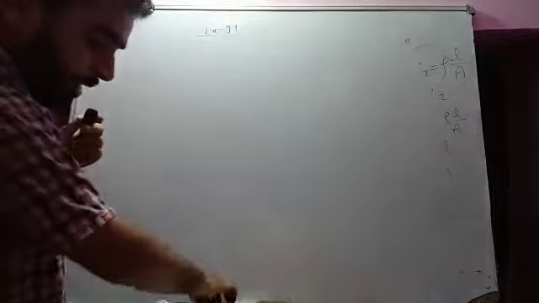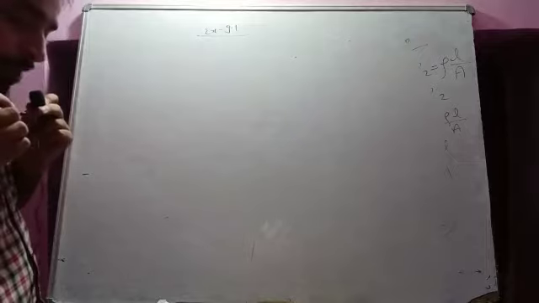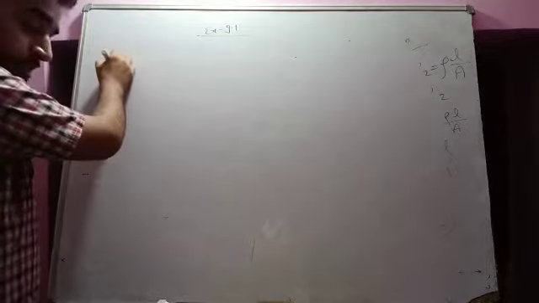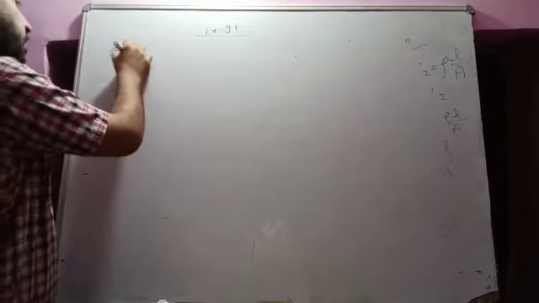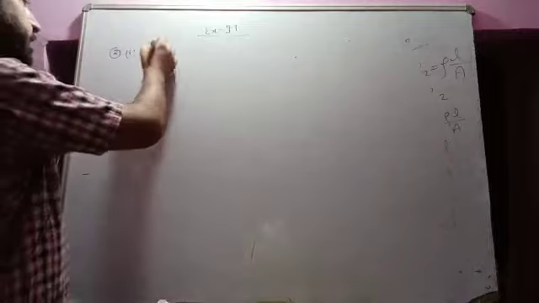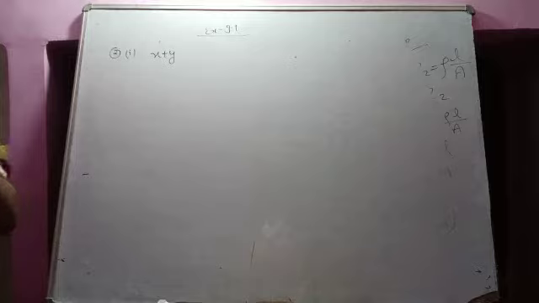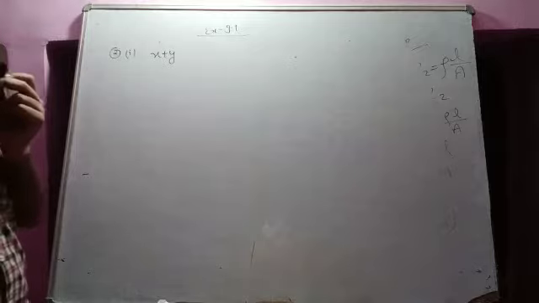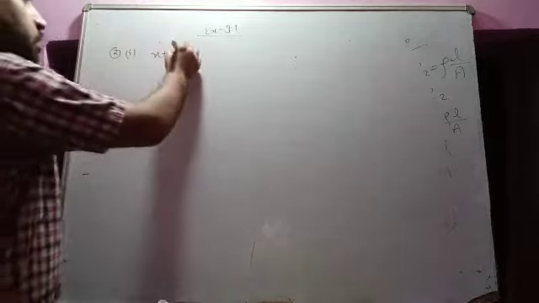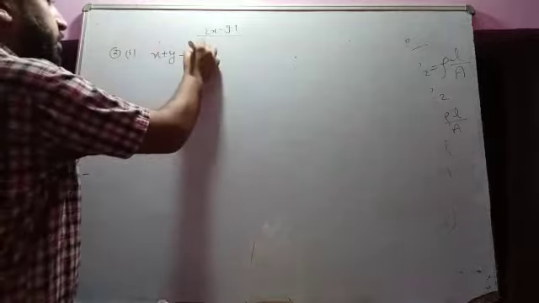Question number 2. Classify the following polynomials as monomial, binomial, trinomial. We have to tell which kind each one is. x plus y. How many terms are there? There are a total of 2 terms. For 2 terms I use binomial. So this is going to be binomial. Now another one is 1000.